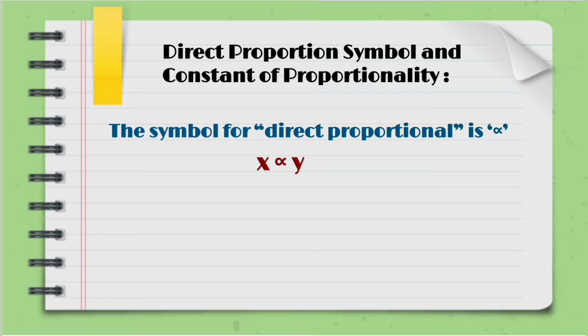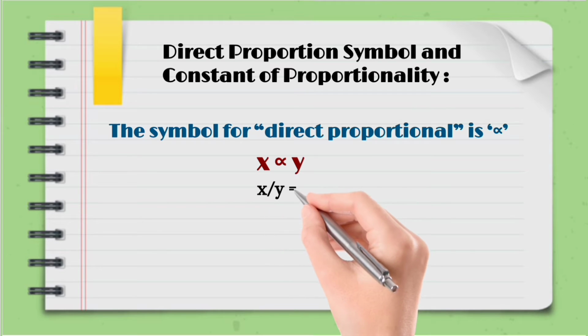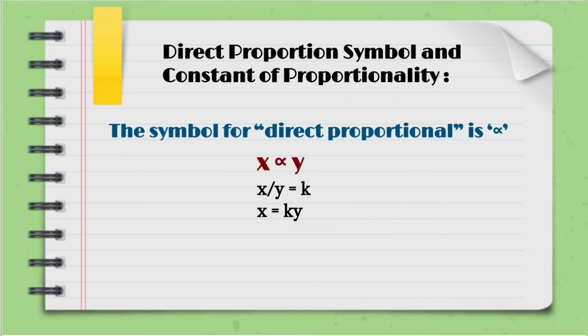And when we remove the symbol of proportionality, we can write above expression as x by y is equal to k, or x is equal to ky. Here x and y are the values of two quantities and k is known as a non-zero constant of proportionality.